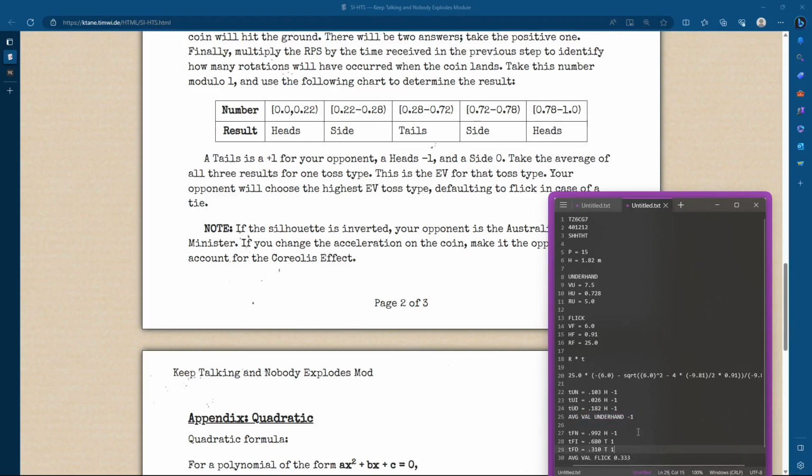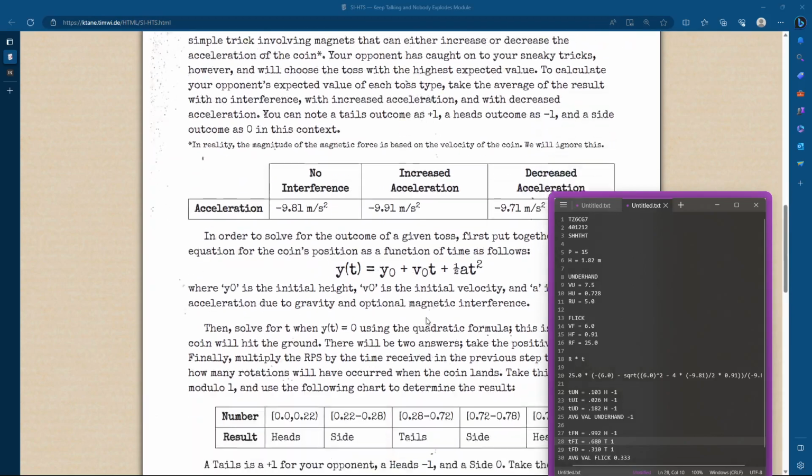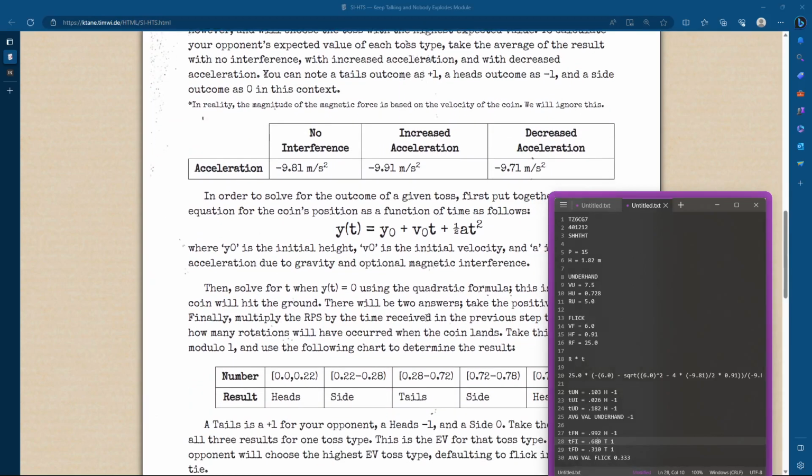And because of this, we know the opponent will flick. And from the very top, we know that we need another tails to tie the module, or tie the coin flip race. So our answer will be one of these, either increasing or decreasing the effective gravity with our magnet on a flick.